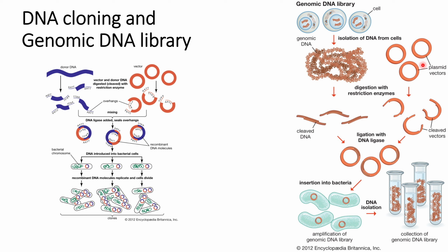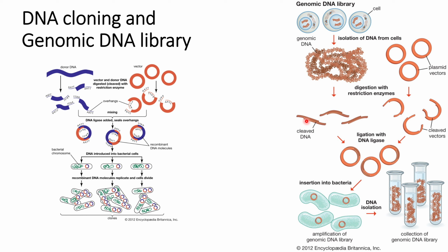As shown here, there is the plasmid vector and the genomic DNA. From the genomic DNA we have cleaved off the gene of interest, and the plasmid is also cleaved, and this plasmid is ligated with DNA. During the ligation step, three combinations are possible.